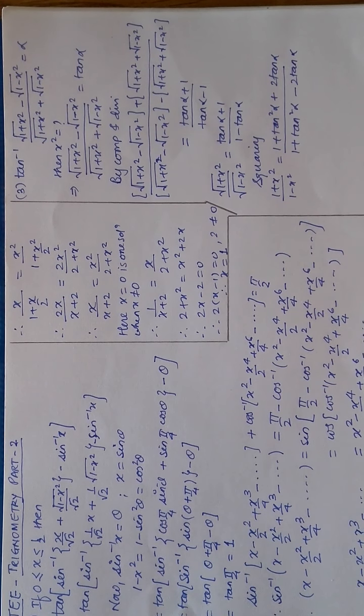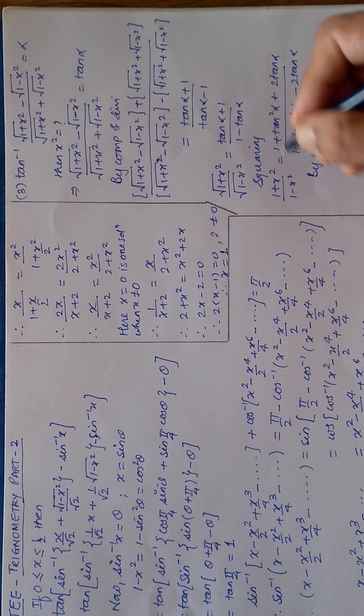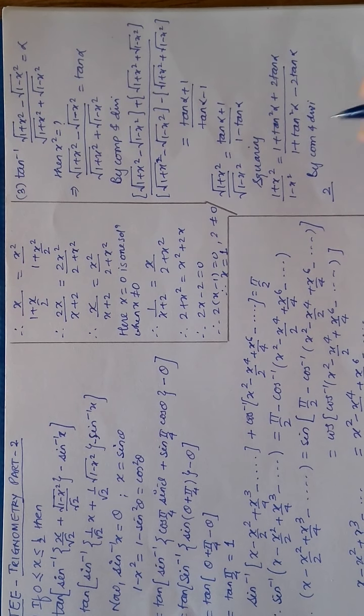Now once again I see that there is a componendo dividendo. So why not carry it out again? Agreed. So I will do it once again. I will do componendo dividendo. I get here 1 plus x square plus 1 minus x square, that is equal to 2, upon 1 plus x square minus 1 plus x square, that is 2x square.